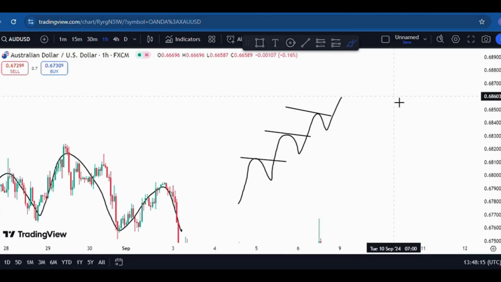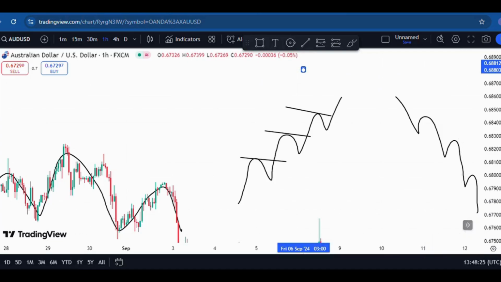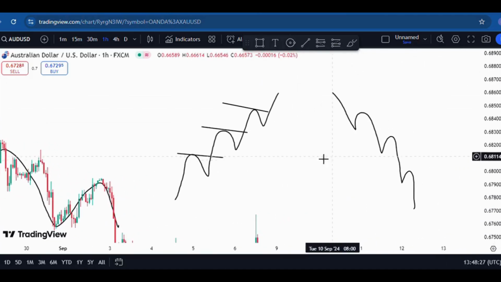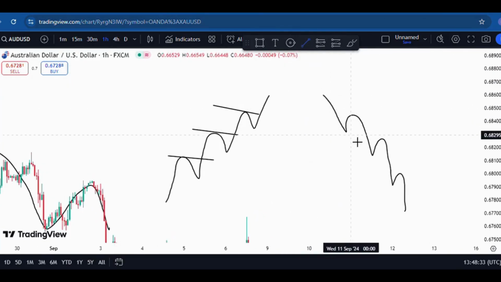Now, sometimes the market can also look like this, where the sellers are in control of the market, which is the opposite of the uptrend. At this point, price keeps breaking the support level.